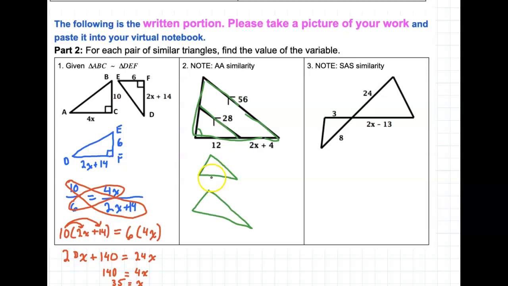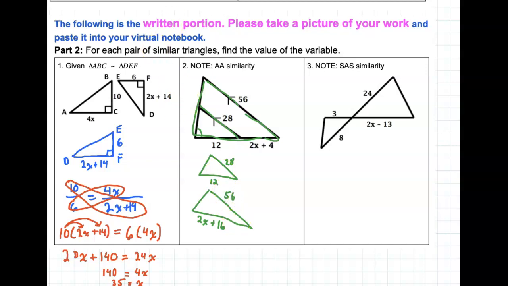The small one is 12 here, and we don't know what that is there. This is 12 plus 2x plus 4, so I'm just going to say 2x plus 16, combining both of those lengths. Then the small one is 28, and the large one is 56.